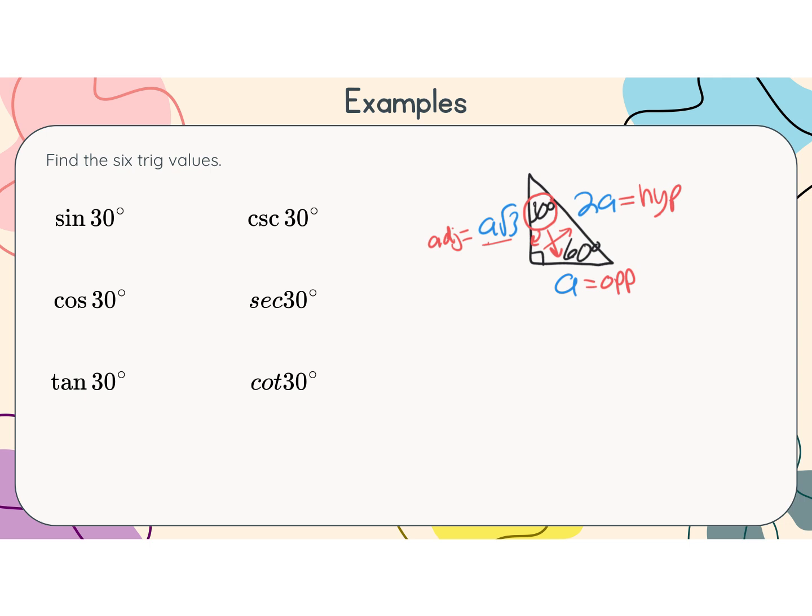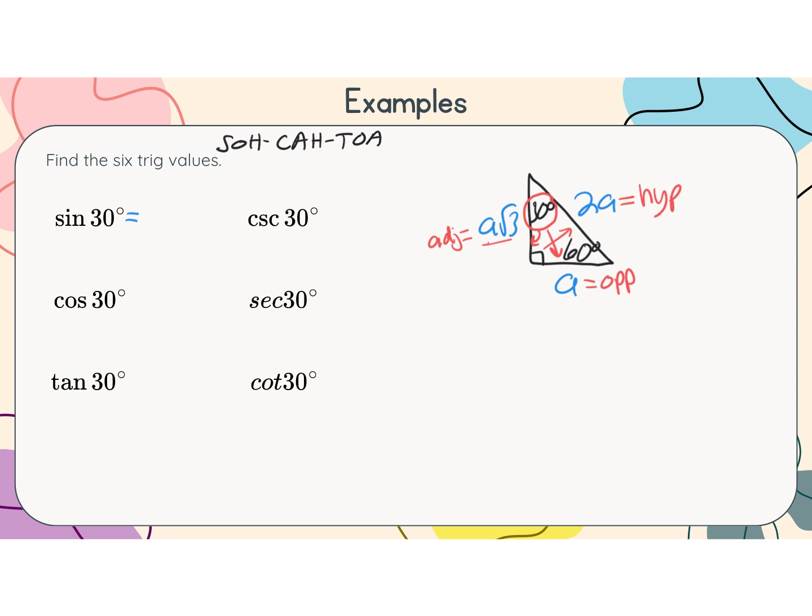All right, what we're going to do is use SOHCAHTOA to try to figure out these 6 trig values. All right, let's start with sine. Sine, we know, is opposite over hypotenuse, right? So at any point, if you forget that, just make a note of SOHCAHTOA. Hopefully that's probably one of the biggest things that most of you remember from geometry.